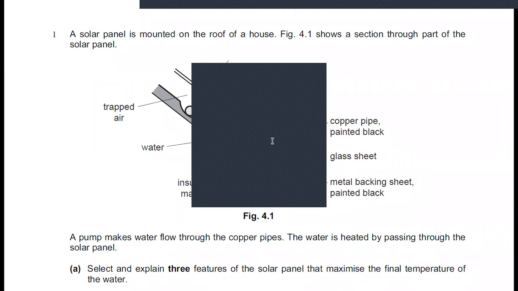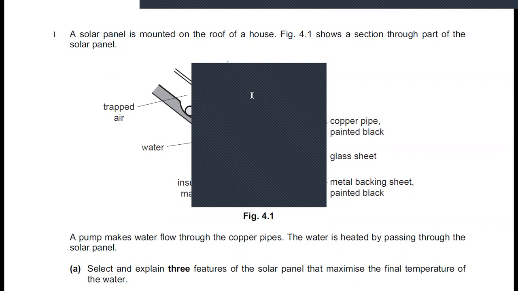So when you're talking about copper being a good conductor, you can go ahead and say, since copper is a good conductor of heat, it will allow the heat to be absorbed by conduction and passed on to the water. Just like that, when you're saying black is a good absorber of heat, you're going to say, as a result, it will absorb more heat because of radiation.